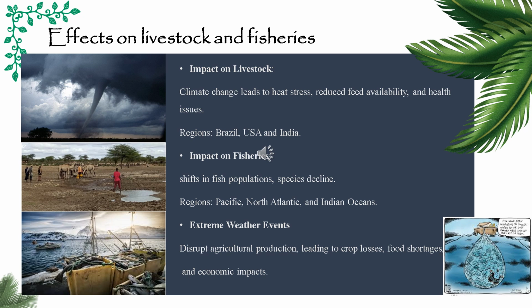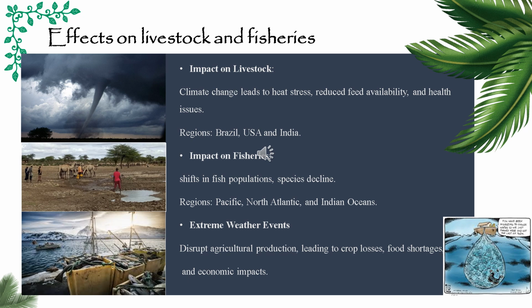Continuing with the impact on fisheries, in ocean warming, ecosystem changes like rising ocean temperatures disrupt marine ecosystems, affecting nutrient availability, oxygen levels, and habitats like coral reefs. Fish populations.